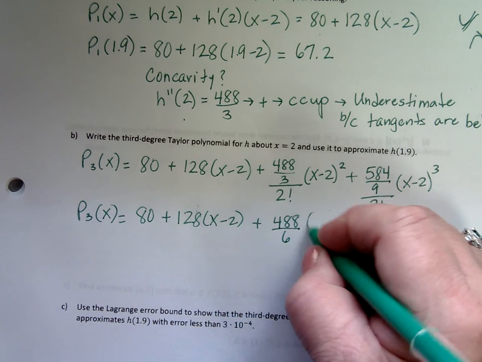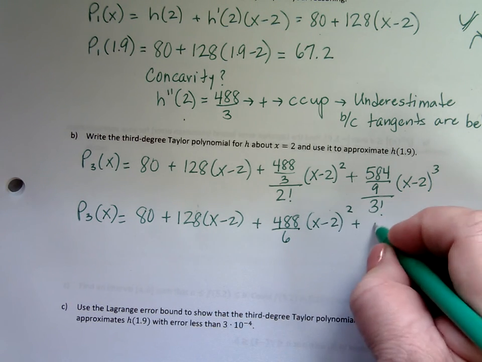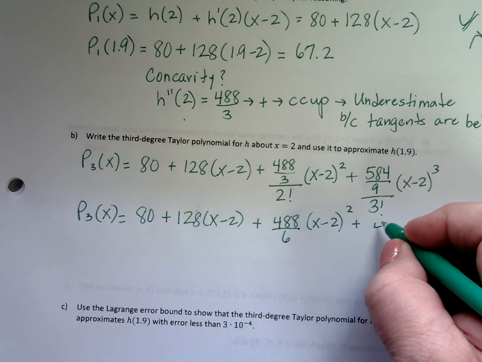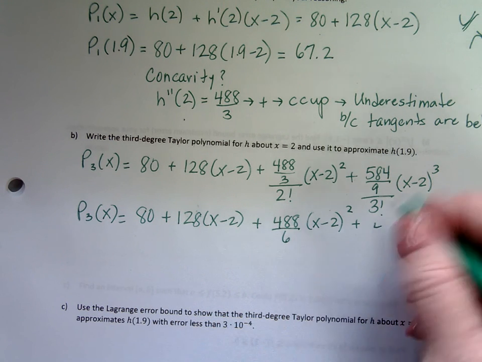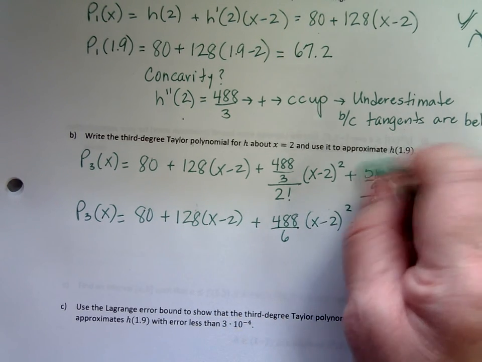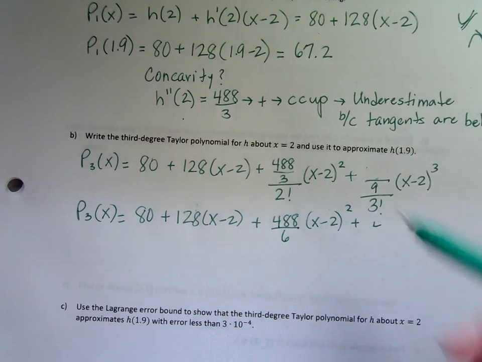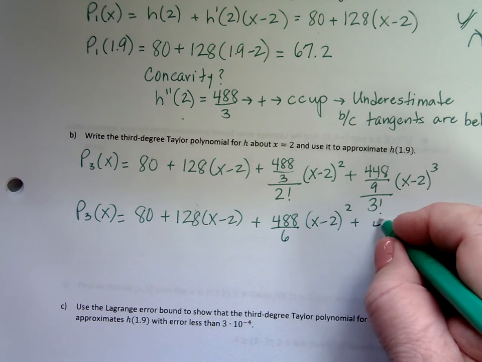And the last one is going to be 4, is it 448 or 5? Actually, this guy, I took the wrong one, didn't I? The next one over would be 448. Did you catch that? Means that this guy's a 448 over 9 times 6.